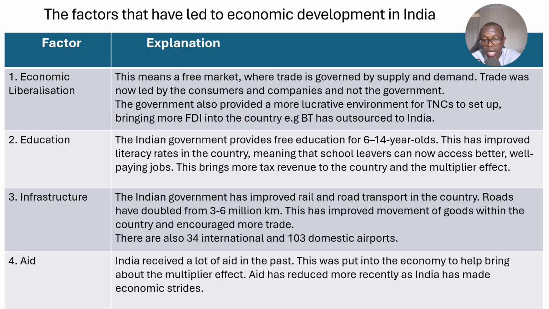And when the children have higher literacy rates, it means that when they leave school, they can have access to better, well-paying jobs, which then brings more money to the country through taxation. And that money that comes through taxation can then be used for investment into infrastructure, which then leads to the multiplier effect. The third factor that has led to economic development in India is infrastructure.